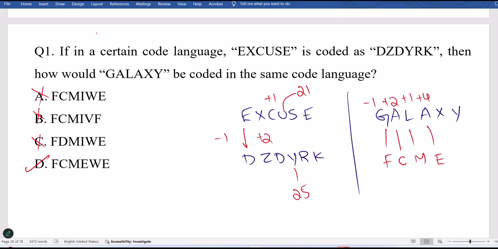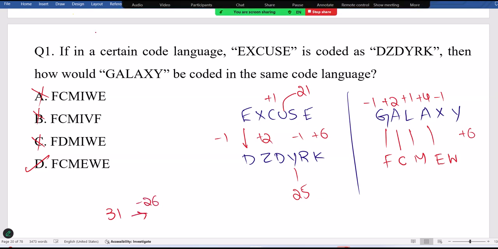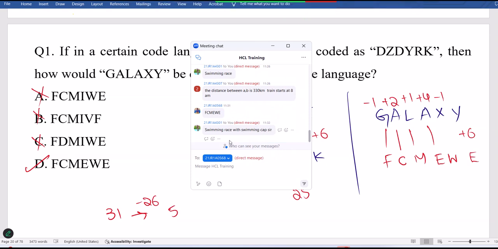The next letter also, if you have a look, is minus 1, the previous letter. X before is W. The last one, 5 becomes 11, which means plus 6. Here 25 plus 6 means 31. We have to convert 31 into normal case, which means subtracting 26. It becomes 5, nothing but E. So option D is perfectly suitable here.